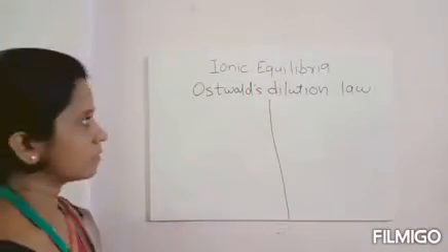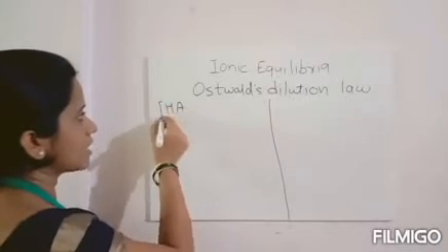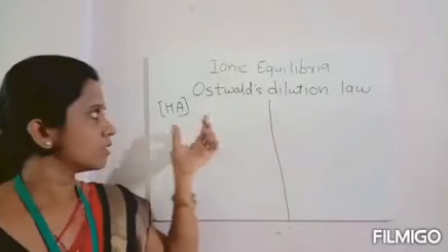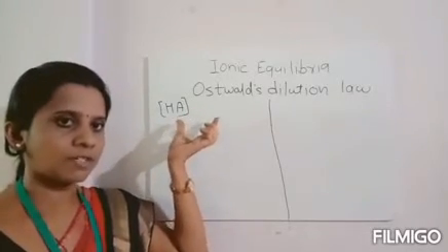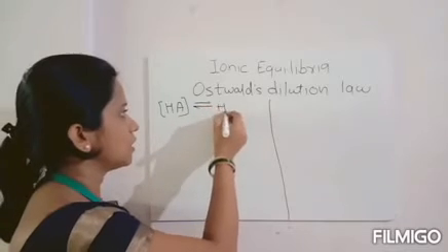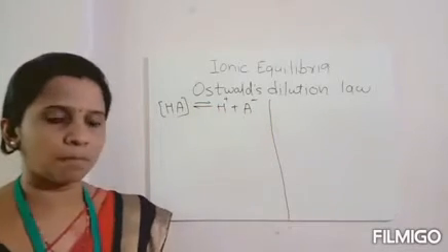First we will see the expression for weak acid. Consider HA as a weak acid. For HA as a weak acid, dissociation will give H plus and A minus.